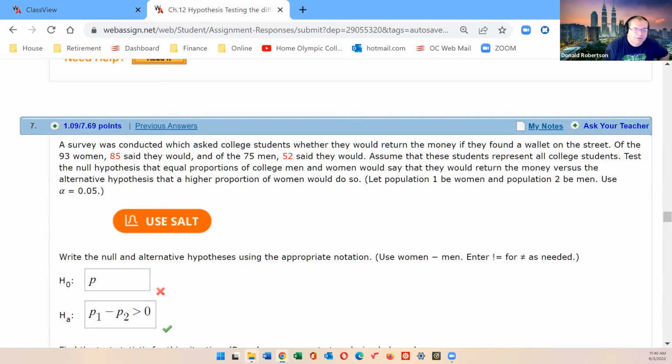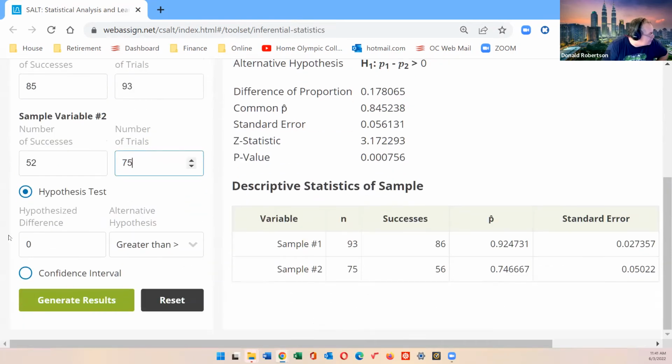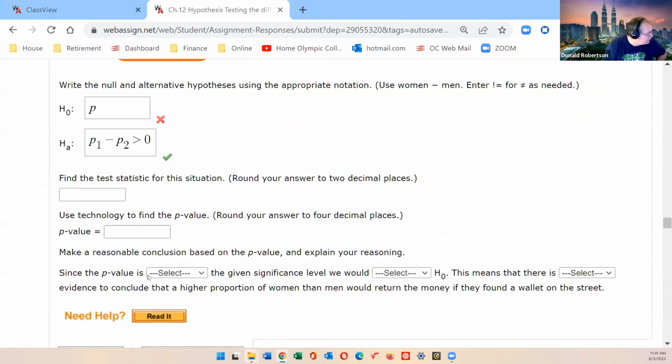So I'll bring over the salt and I'll change this now to 85 out of 93. Oh, that's good. It's the same number. And then 52 out of 75. Okay, that works. Everything else I think we can keep, generate the results. And so the new data gave me.